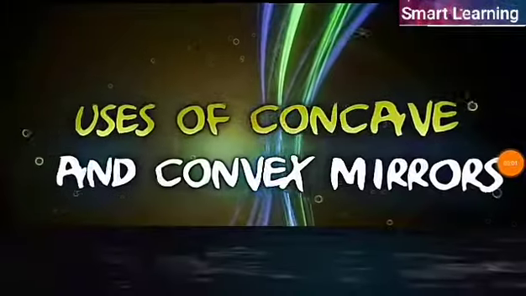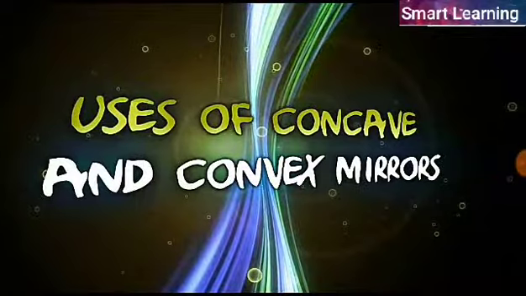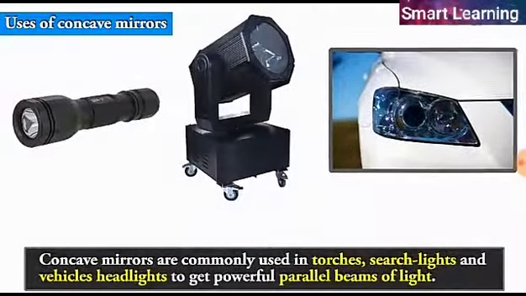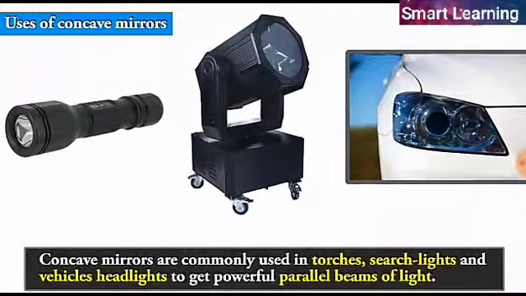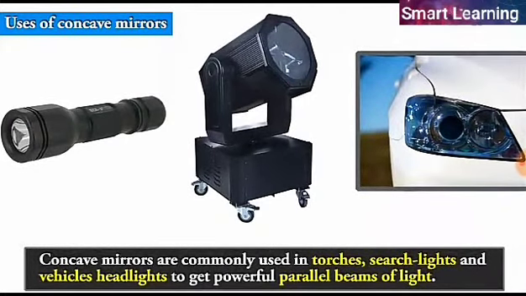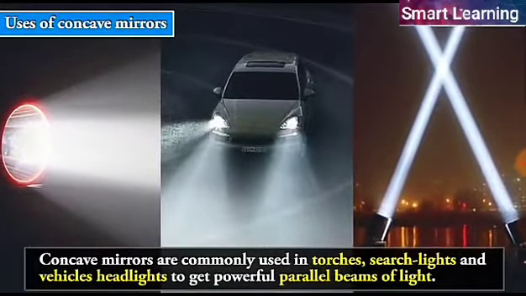Uses of concave and convex mirrors. Concave mirrors are commonly used in torches, searchlights, and vehicle headlights to get powerful parallel beams of light.